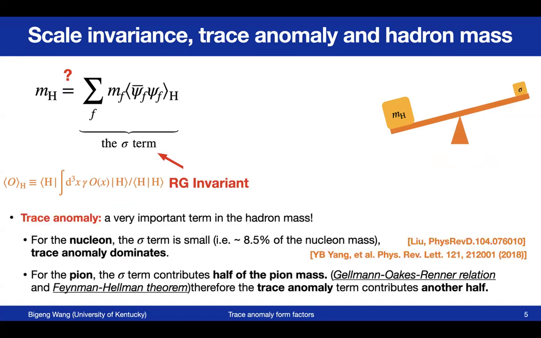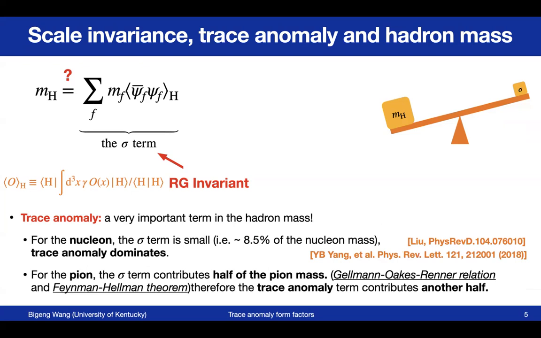For example, in the nucleon, there are calculations which show the sigma term is only about 8.5% of the nucleon mass. So actually, the trace anomaly term dominates in the mass of the hadron.